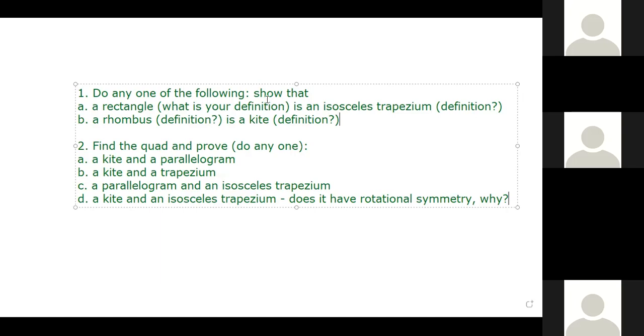So these are the given parts, and these are to be proved.